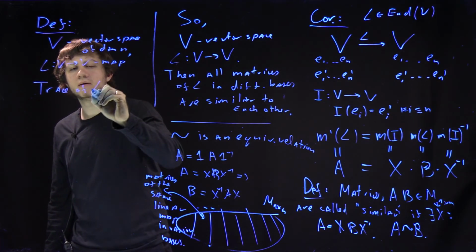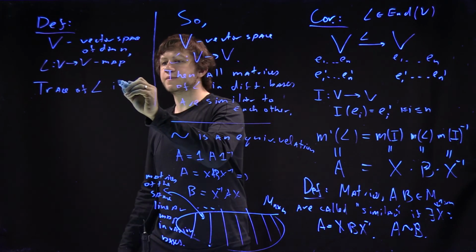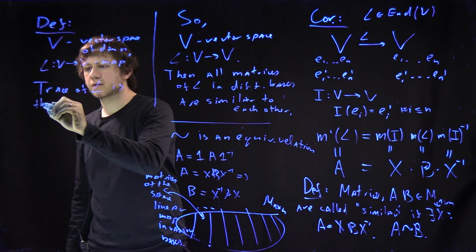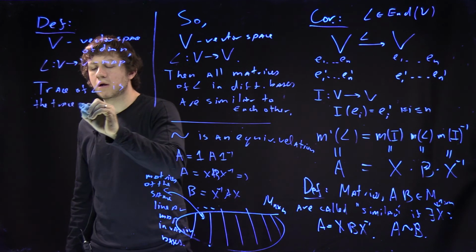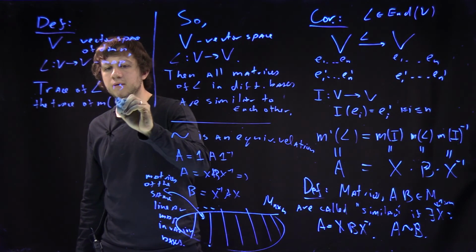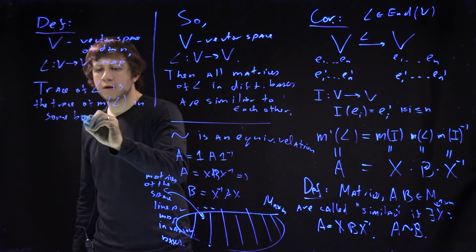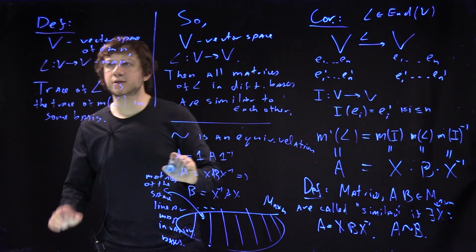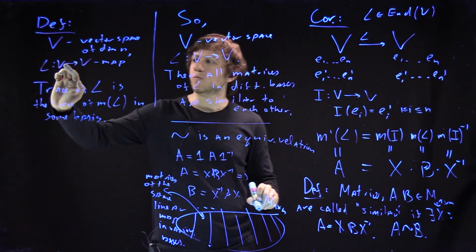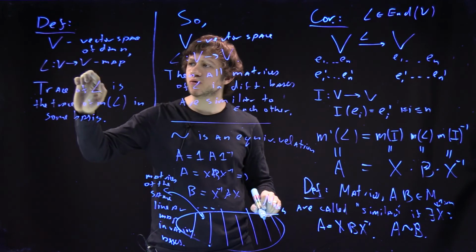Then one can look at the trace of L, which is, by definition, the trace of the matrix of L in some basis. Again, I'm not yet tired of reminding you that when you say that, you choose the same basis here.